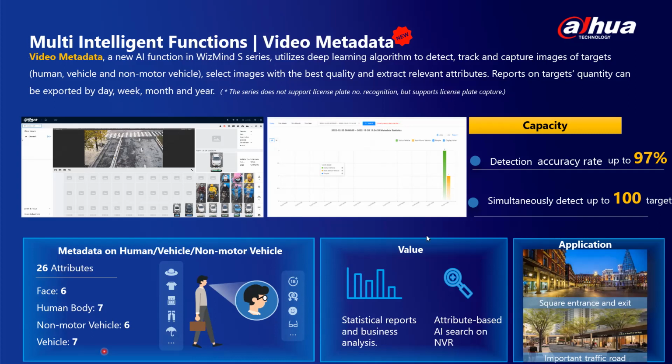Some of the values or advantages provided by these kinds of intelligent functions for the video metadata are that you can generate statistical reports for your business analysis. At the same time, you can check on the attributes based on the different AI searches on an intelligent NVR.